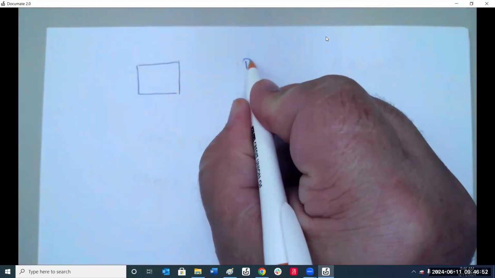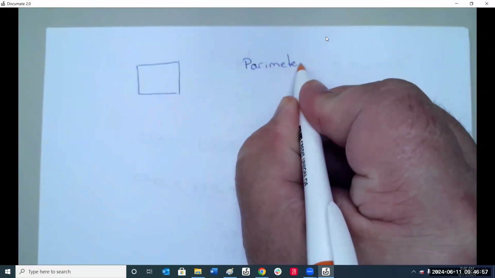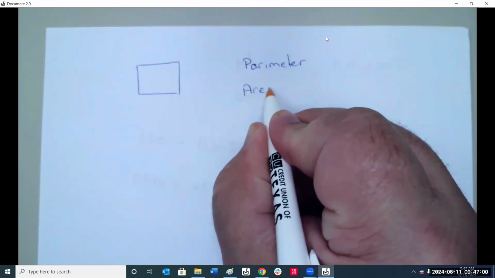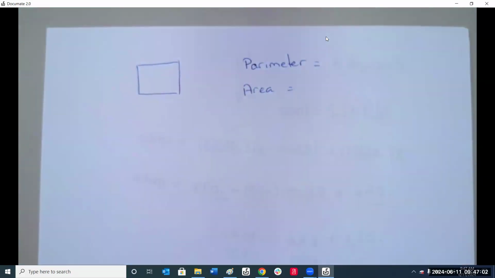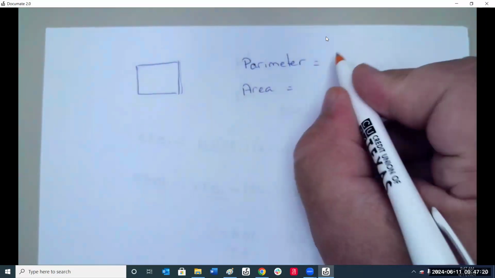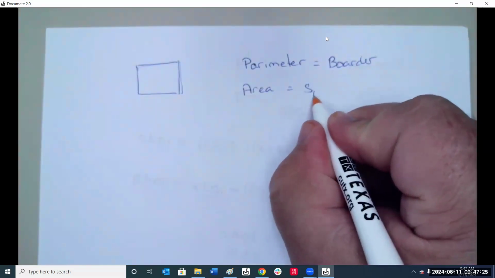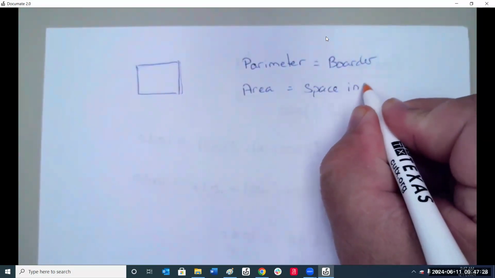With that, we have two terms that we deal with usually, perimeter and area. What's the difference? Right. Perimeter is the outer border. Area is the space inside.